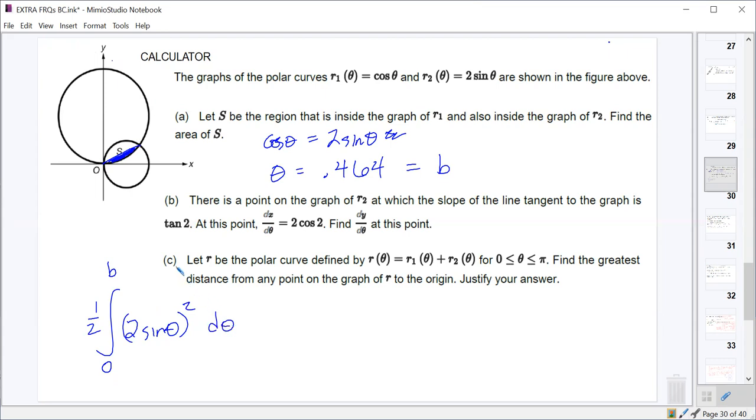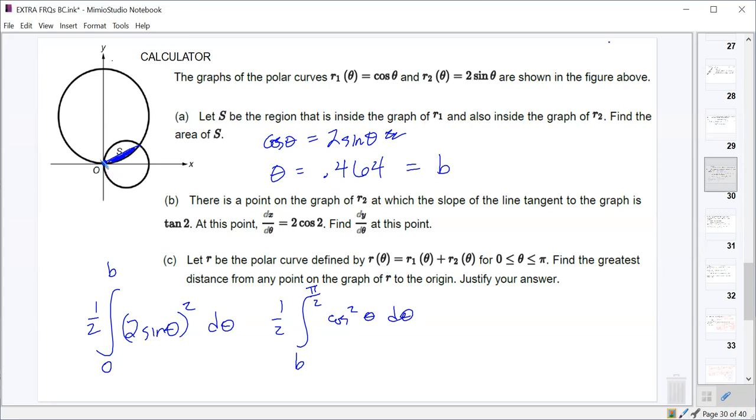And then as we go from b equals 0.464 around to pi over 2, because pi over 2 is when the cosine graph should hit 0 at the pole, that should give us our other one, cosine squared theta d theta.